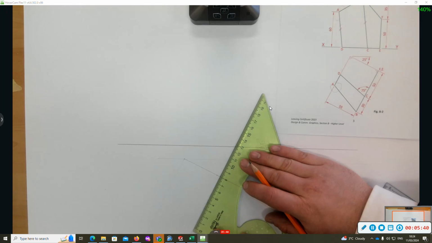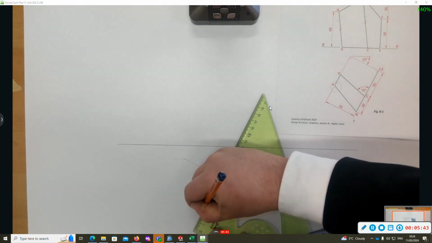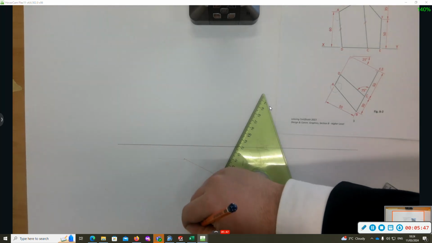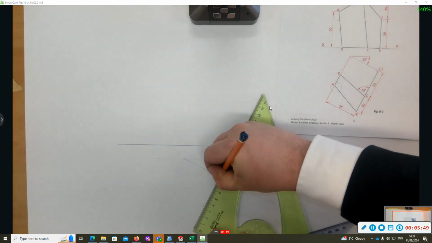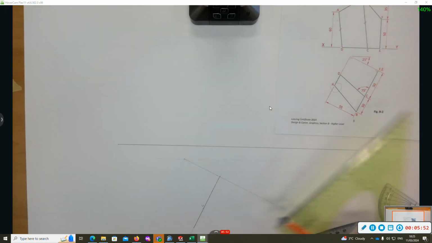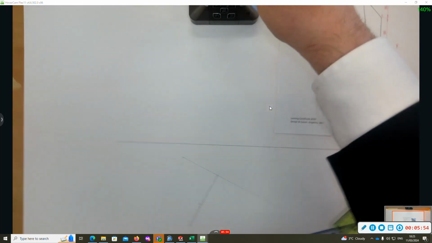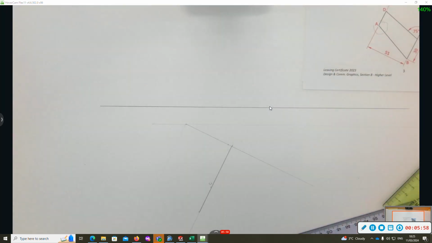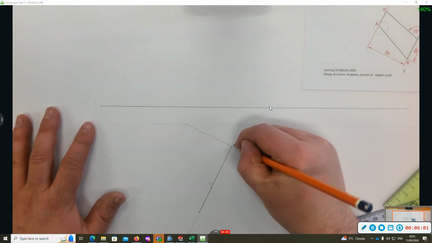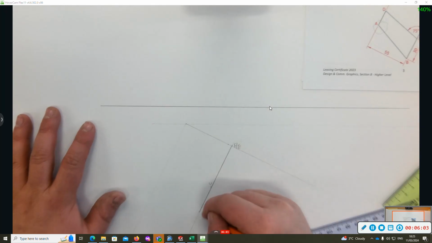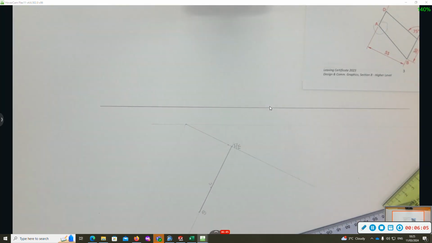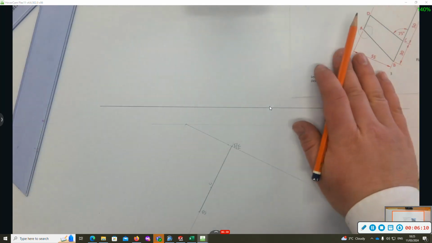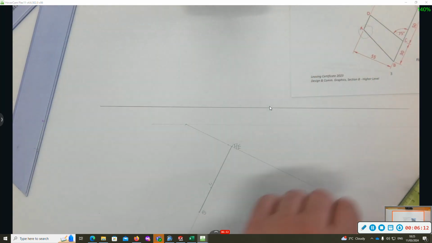We'll do the first one at 50 to get point C. So there's point C and there's point B. So there's F, E, B. Now our angle there is 75 degrees for point D.